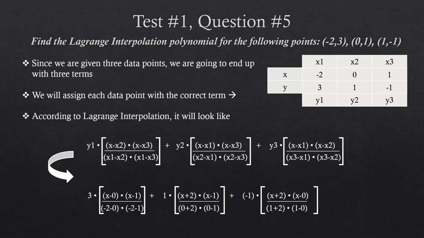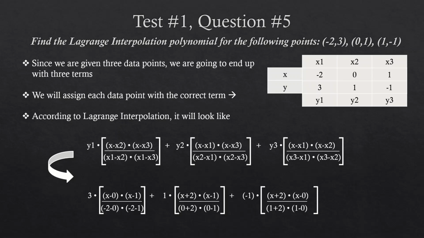So this is the general expression, and whenever we plug in our given values, we will end up with 3 multiplied by the product of x minus 0 and x minus 1, divided by negative 2 minus 0 and negative 2 minus 1. Then for our next term, we will have 1 multiplied by x plus 2.